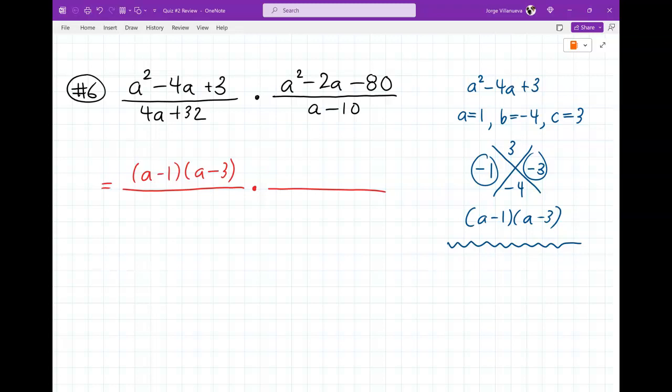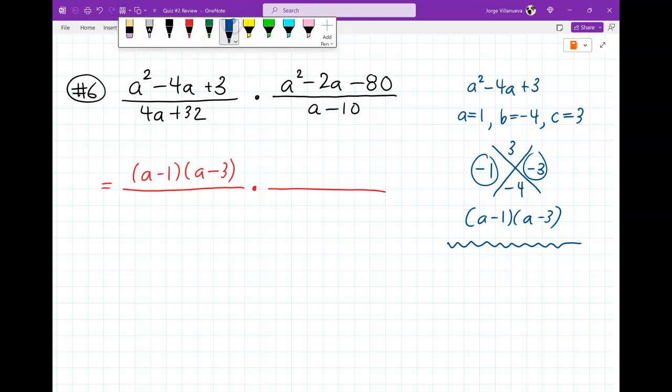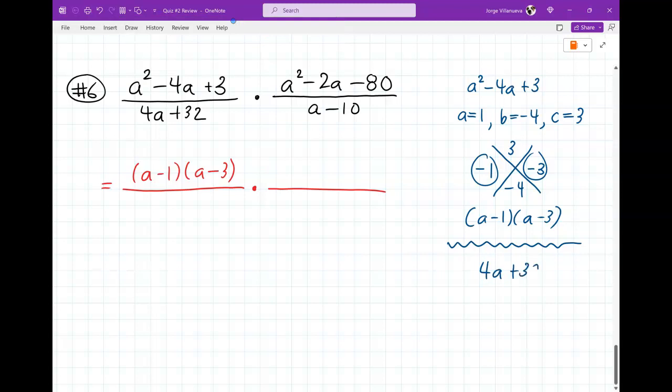So now I have 4a plus 32. That's my next part. What does that have in common? 4a plus 32, the bottom left corner. Is there a number that divides 4 and 32? 4, right? So 4 goes out.